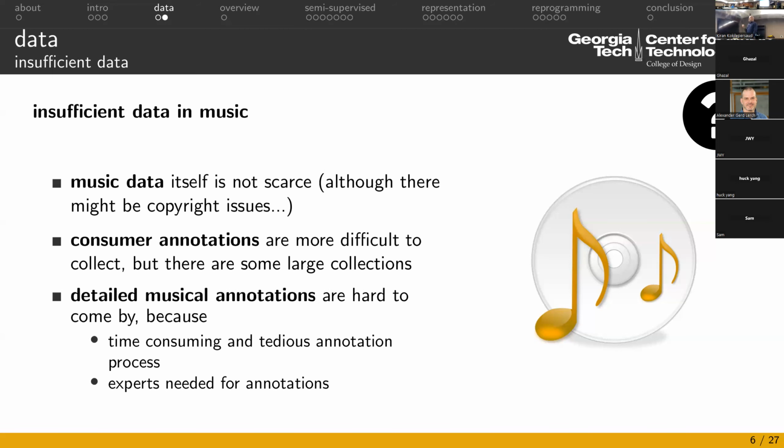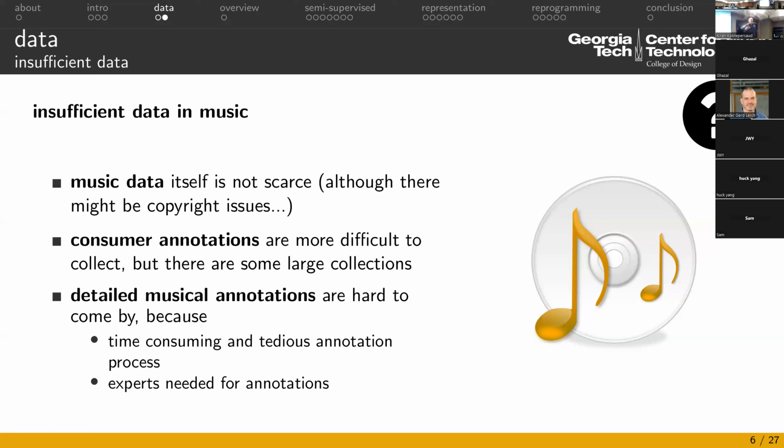And then what is really tricky is to get to detailed annotations. With detailed annotations, I mean something like, let's say you work on a drum transcription system and you want to know at what points in time is the snare drum playing, at what points in time is the bass drum playing.